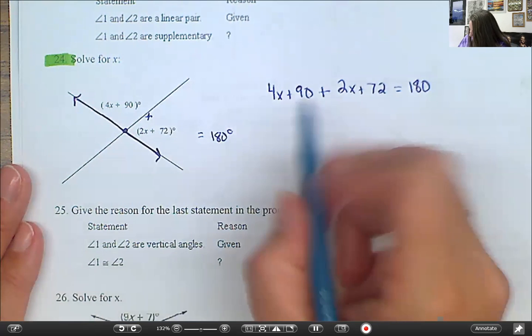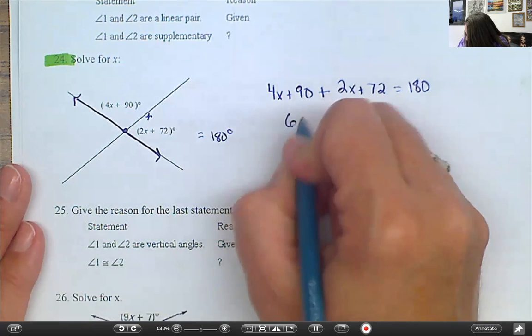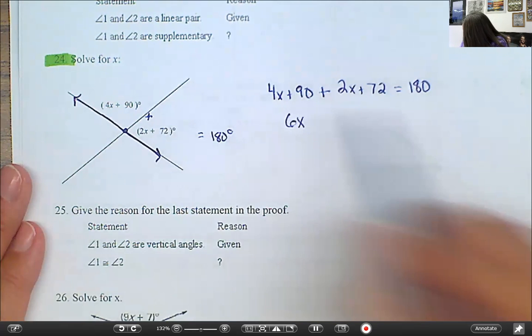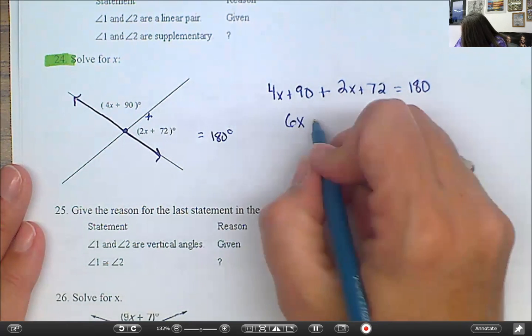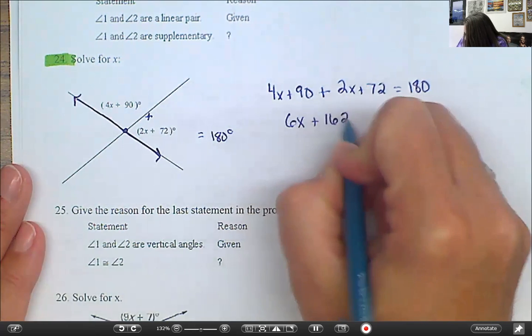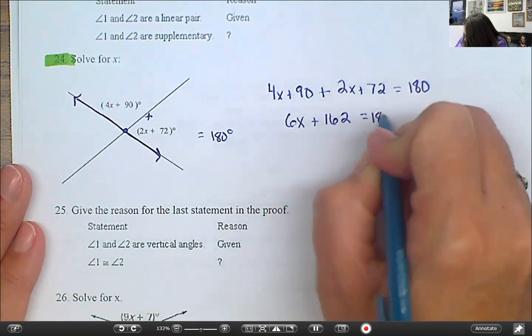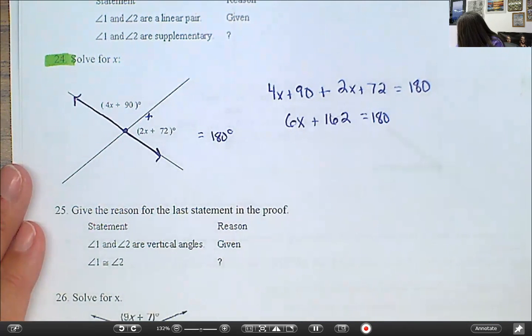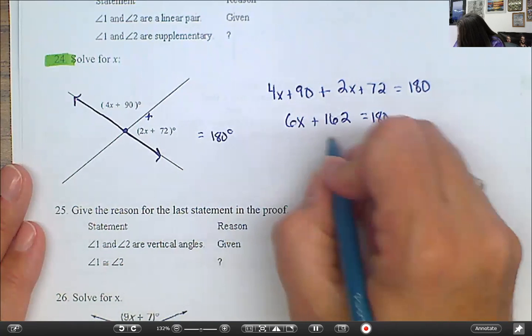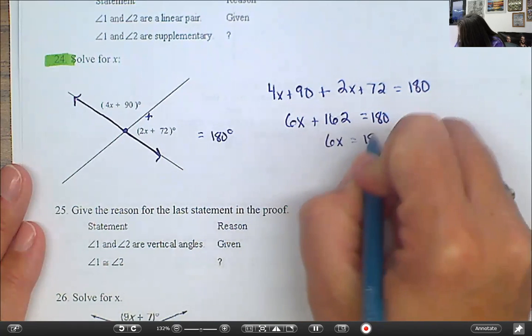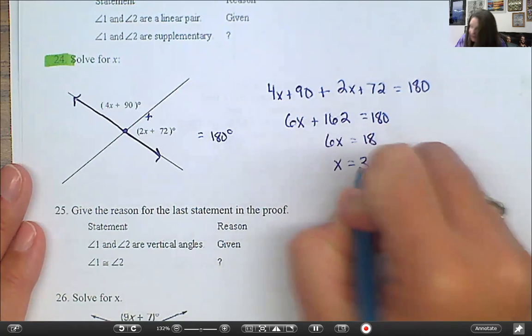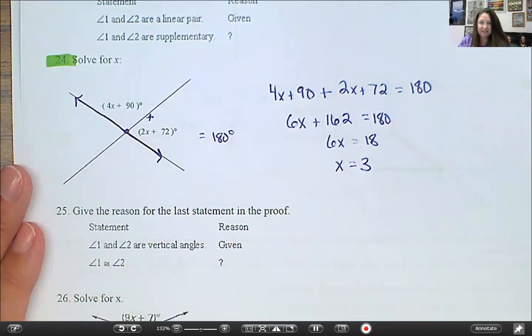Simplifying here, we would get 6x, and 90 plus 72 would be 162. We'll subtract that. So 6x would be equal to 18, leaving a value of 3 for x.